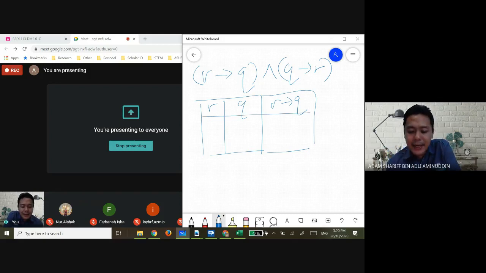Sebab dia hafal sangat R implies Q, Q implies R, dia dah jadi bingung. They confused because they don't know the direction. Always remember what's on the left is the condition. Dia implies yang di kanan. Sebab tu kalau boleh, buat exercise lebih bahagian ni nanti.